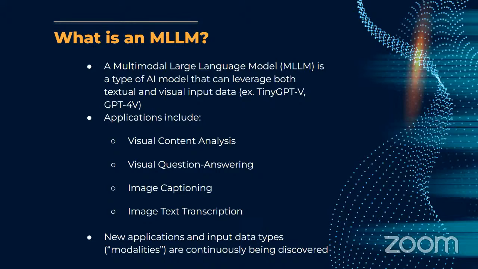So in that case, the applications for TinyGPT-V include visual content analysis. For example, if we submit any pie chart or bar chart of any particular data, this model will analyze the entire pie chart and bar chart. Based on that, it will provide efficient data from that pie chart and bar chart that contains valuable insights for any particular data.